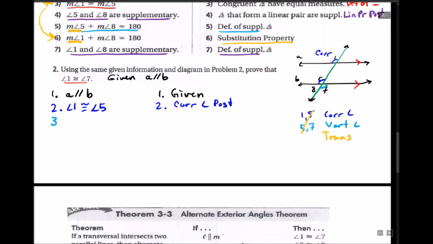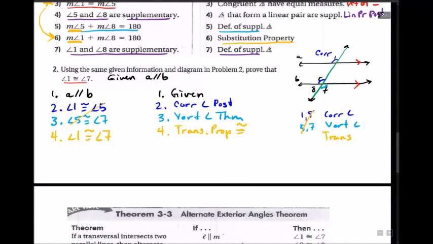So let's do step 3 and say that angle 5 is congruent to angle 7, and that is by our vertical angles theorem. We love that one. Okay, and then we see right here that those two are common to both of these, so I can say angle 1 is congruent to angle 7, and that is the transitive property of congruence.